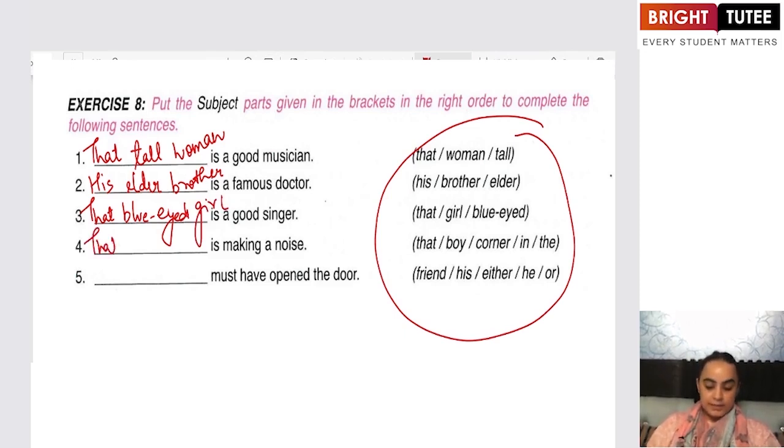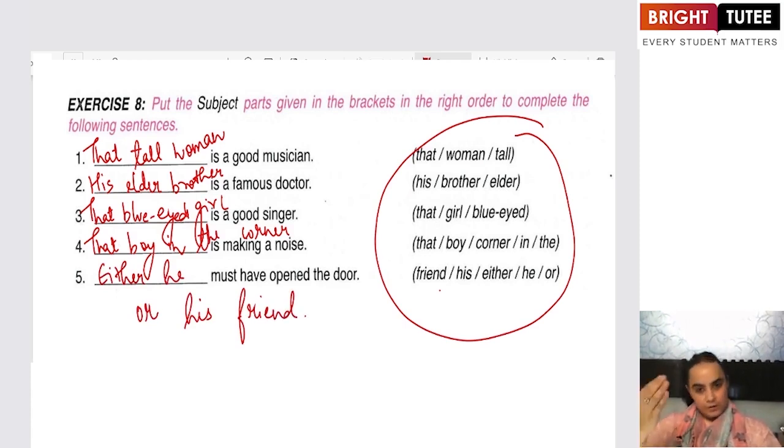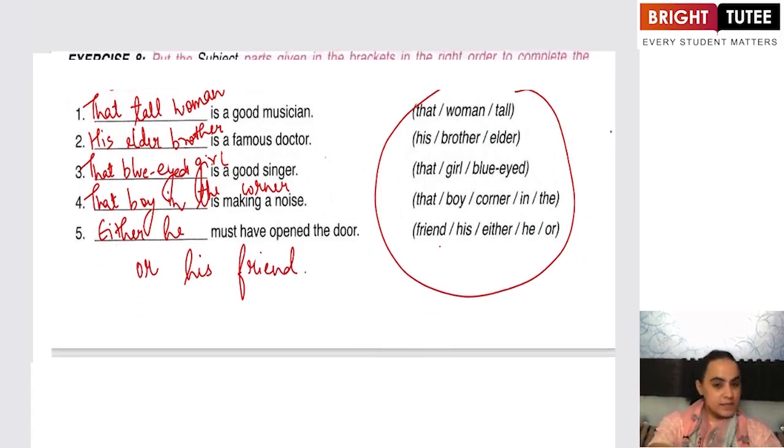So, that boy in the corner is making a noise. Dash must have opened the door. His friend either he or. So, either he or his friend must have opened the door. So, this is how we rearranged our subjects so that they could make sense.